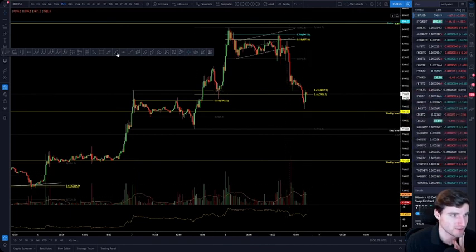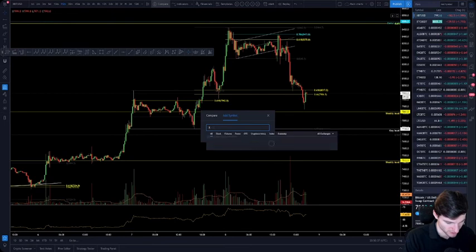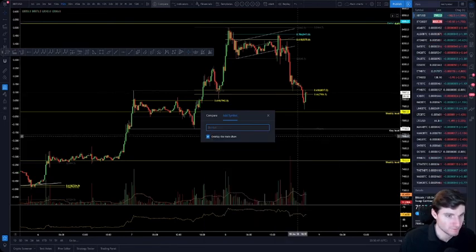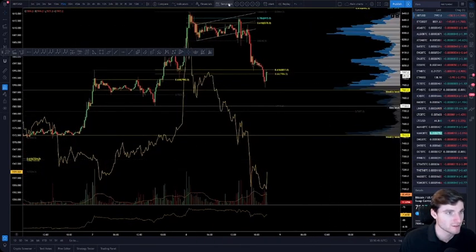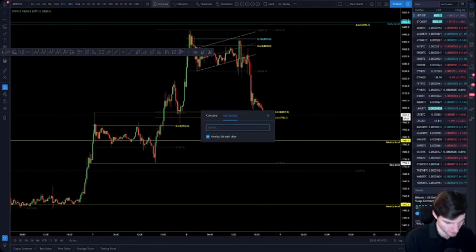But what I found really interesting is when we compare this to XAU USD. So let's see what that's doing right now. This was a really good heads up. Let me just put that back on with nothing else on the screen.